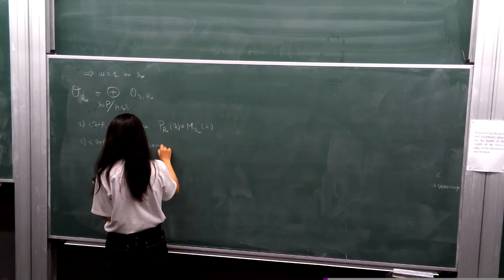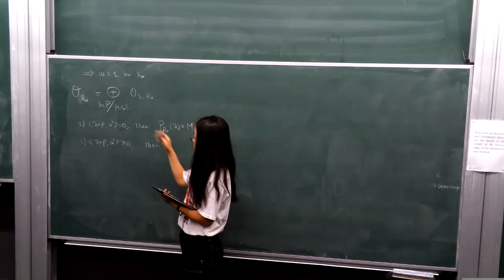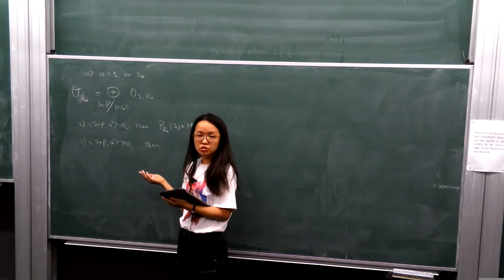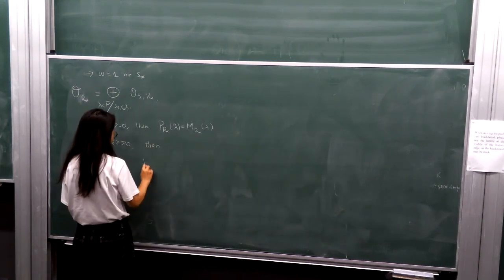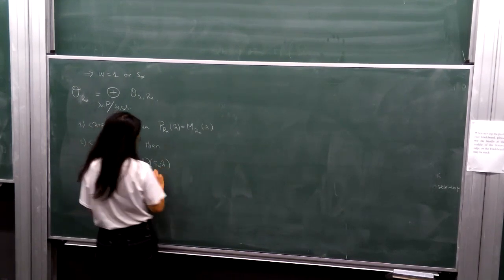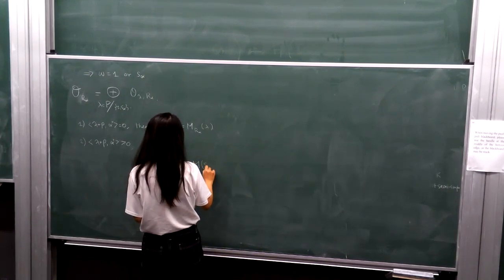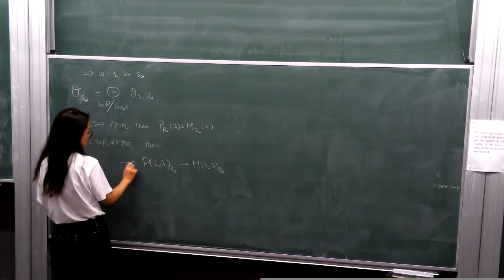Then what you recover is a block which has the same structure as the block for SL2. So here you can compute the structure of this particular projective. It will have a filtration like this.